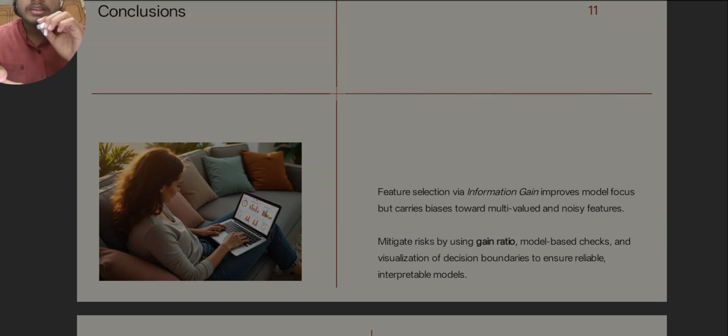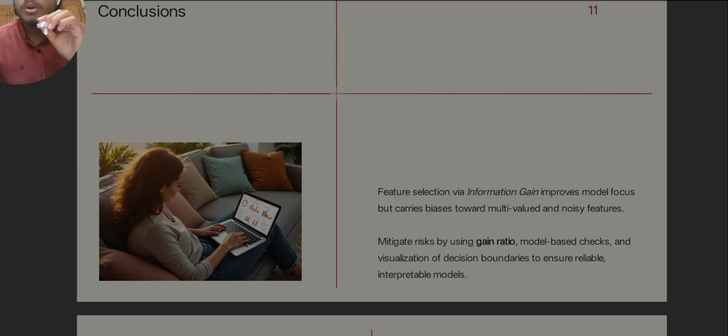However, its limitations, such as bias towards multi-valued features and risk of overfitting, highlight the need for careful application and validation.